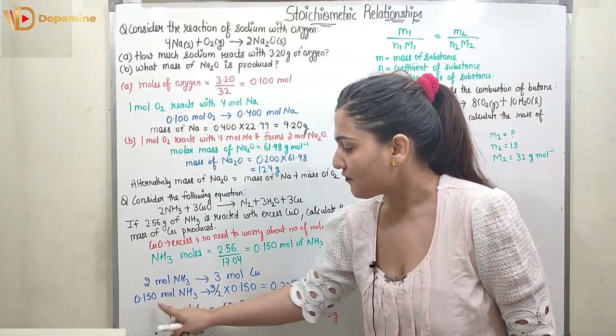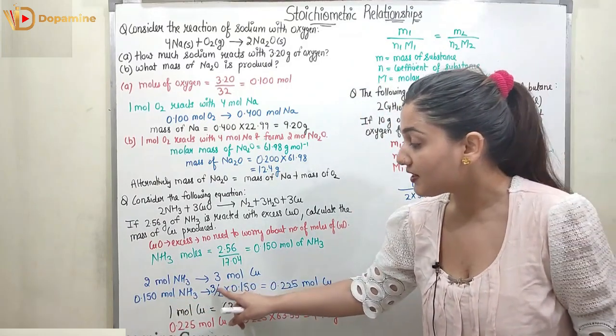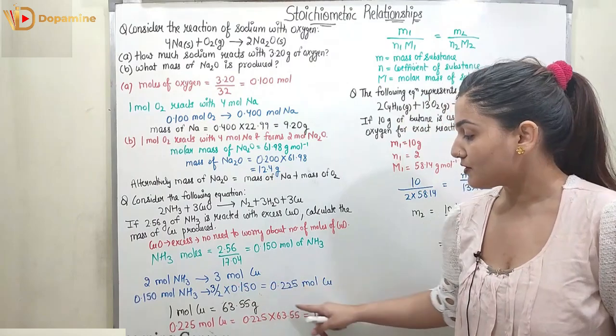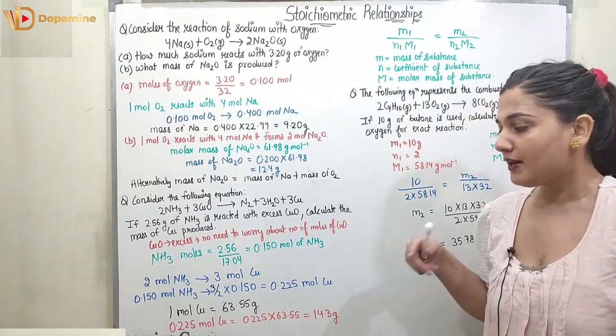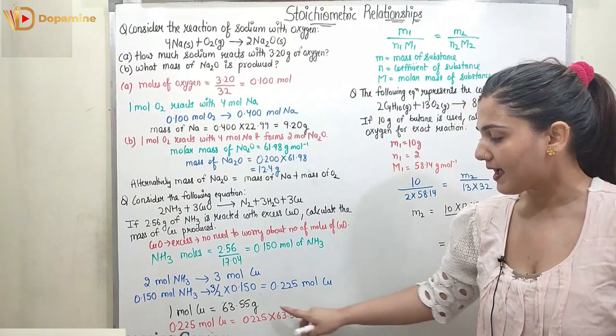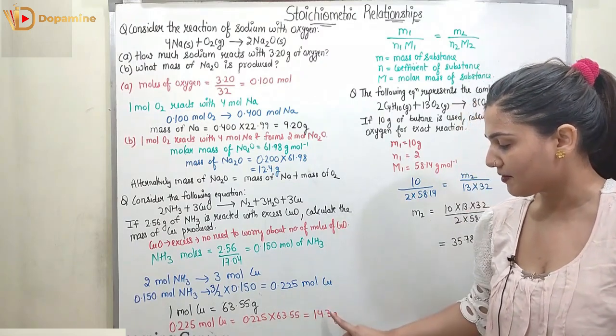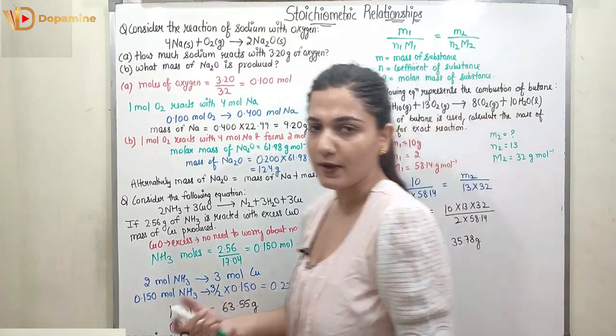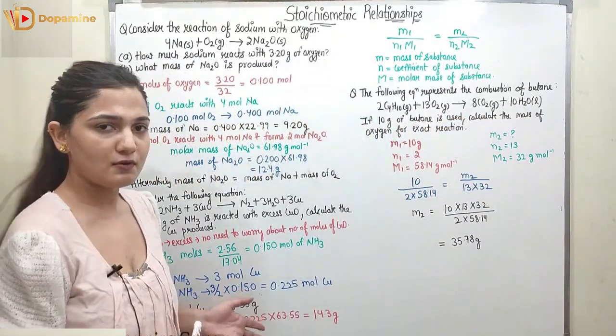So 0.15 mole of NH3 is going to give 3 by 2 into 0.15, which is 0.225 mole of Cu. We know the molar mass of Cu as well, so we again multiply the number of moles with the molar mass and we get 14.3 gram as the mass of the copper. This is how we can solve this question.